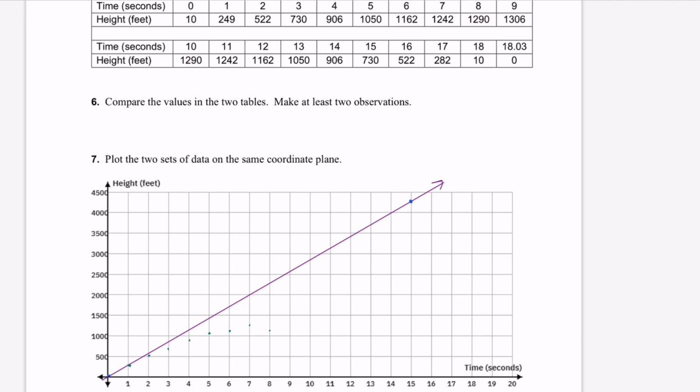So we have 1290 and 1290, and then it goes 1242 and 1242. So it's reflecting back the same values. So 9 seconds is 1290, and 10 seconds, 1290. 11 seconds is 1242.